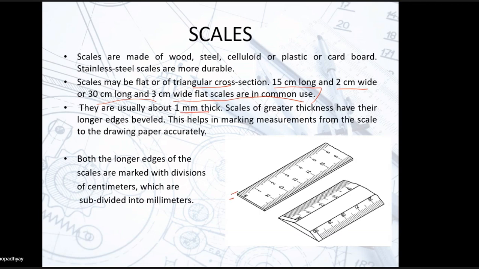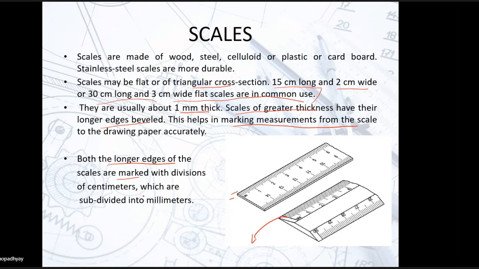Scales of greater thickness have their longer edges beveled. This helps in marking measurements from the scale to the drawing accurately. So this is the beveled edge. Both the longer edges of the scales are marked with divisions of centimeters, and they are subdivided into millimeters. So you will be requiring a scale also.